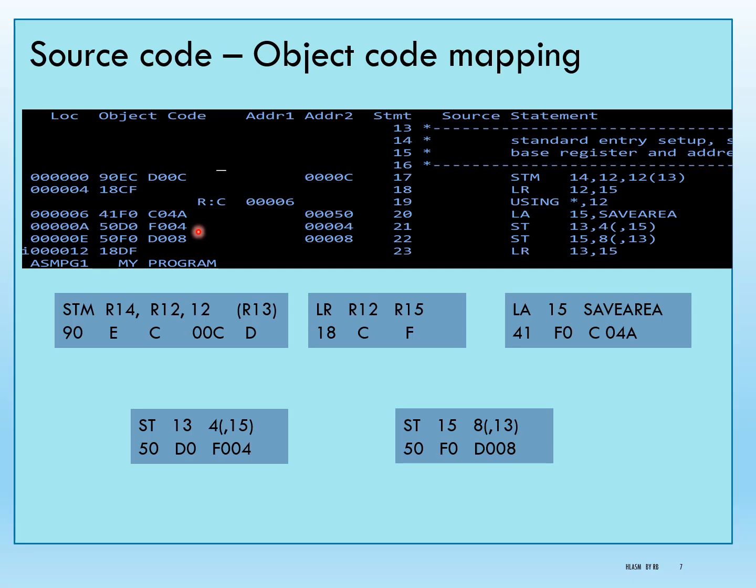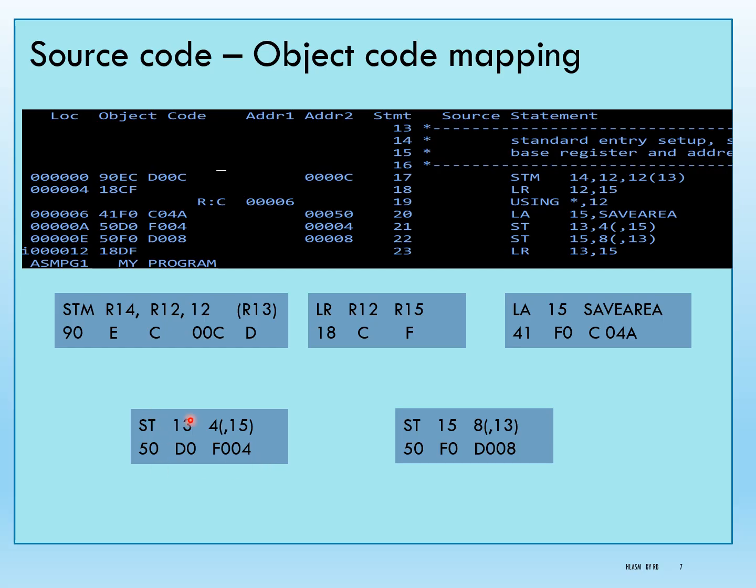Now the third one, we are looking at ST 13,4(15). That is this statement. ST is 50, 13 is D. There is no second register, so D0. And from 15, 15 is F. How much distance? 004. So let us say in our case we talk about B000, so B000 plus 4 will be B004.